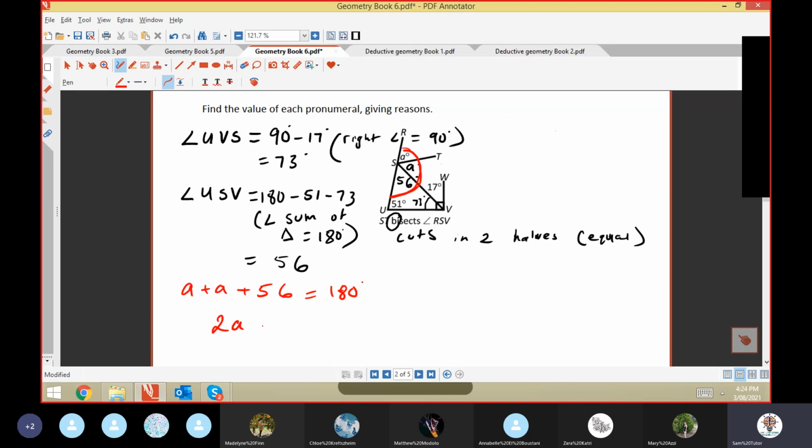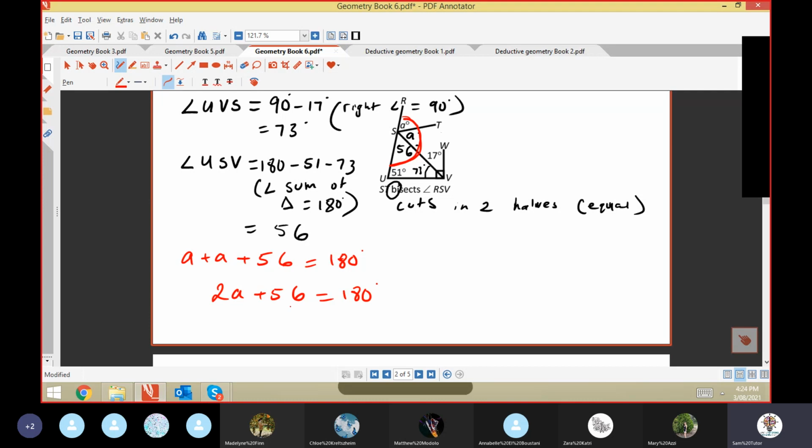Yeah, exactly. 2A plus 56 equals 180. Now, Matt, how do I get rid of 56? You bring it over. It's an equation, so you do 180 minus, because you're moving it over one place. 2A equals 180 minus 56.